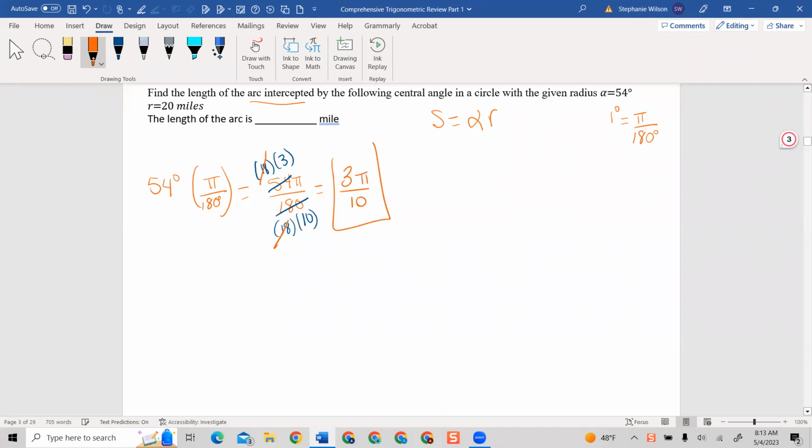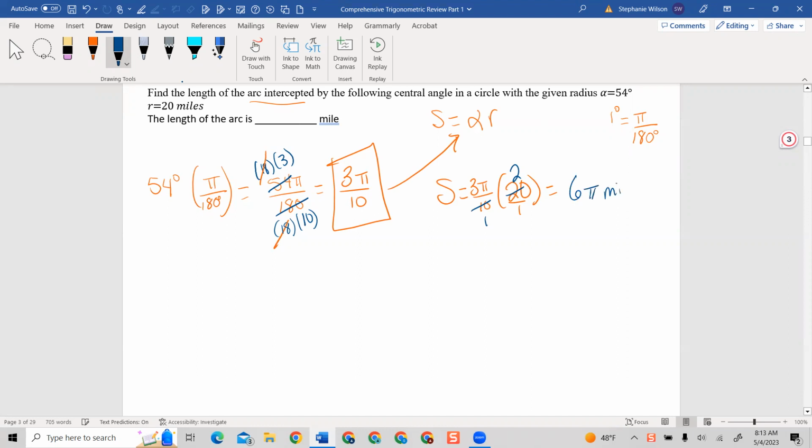So now that I have this part, I can plug it in. So my S is equal to 3 pi tenths times that R, which is 20. And if you want to, you can put a 1 over 20 and reduce the 10 and 20. And I'm left with 6 pi miles.